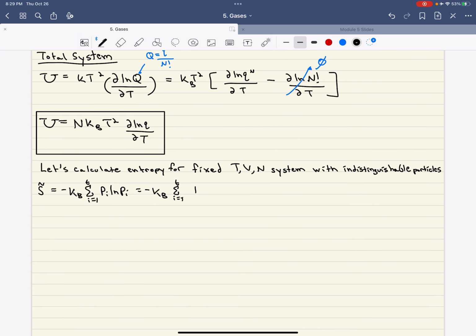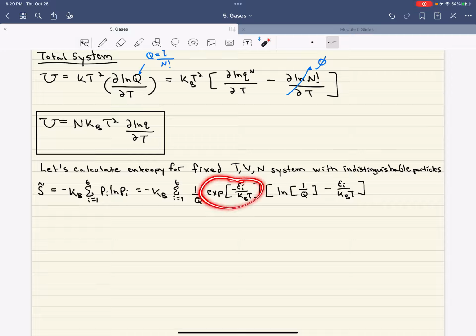So we have 1 over Q times the exponential of negative epsilon over kBT, and then we'll take the natural log of 1 over Q, and then taking the natural log of an exponential, this just comes out. Okay. All right. What I'll do now is distribute across this term.